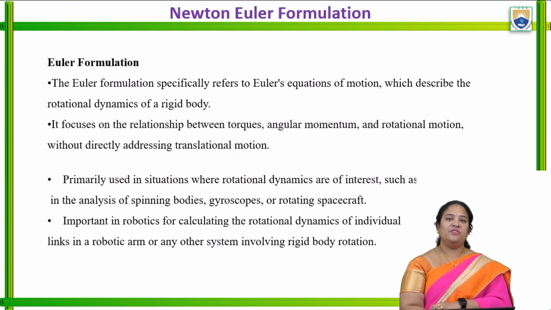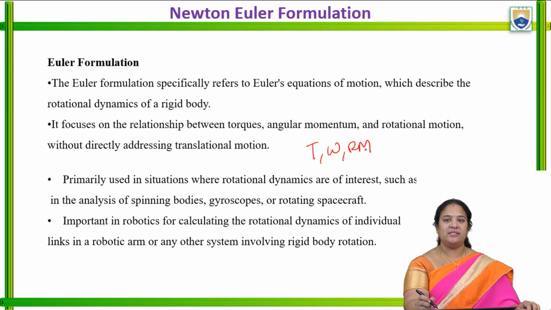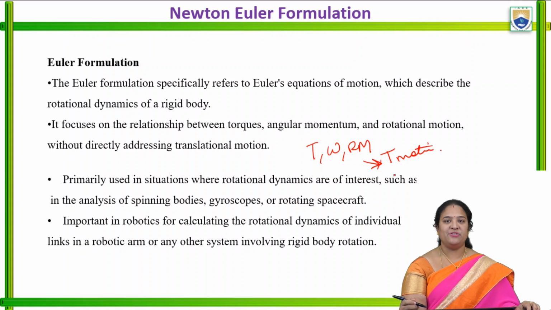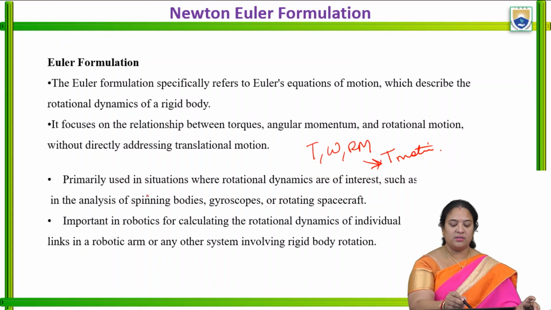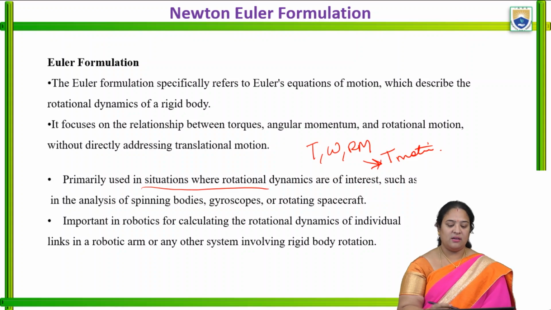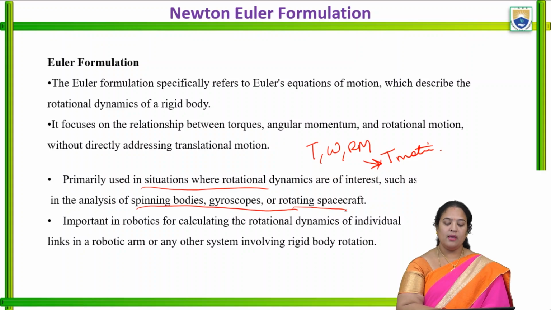Generally, Euler's formulation specifically refers to the equation of motion or the rotational dynamics of the rigid body, the relation between torque, angular momentum and the rotation matrix, without directly addressing the translational motion. Its primary use is in rotational dynamics of interest, such as spinning bodies or gyroscopes, or for rotating spacecraft.